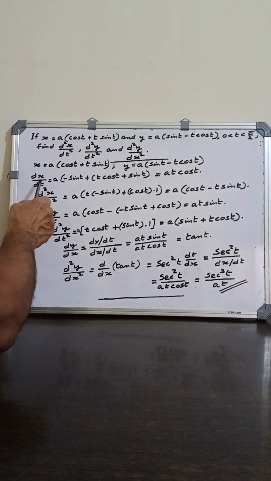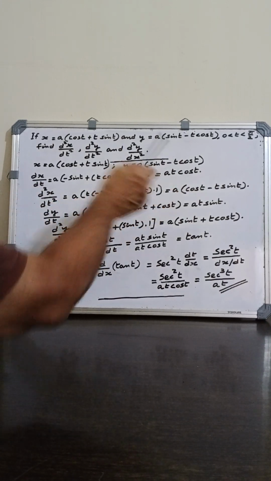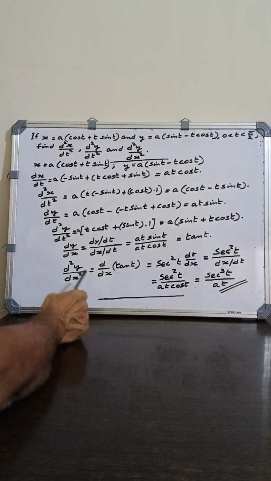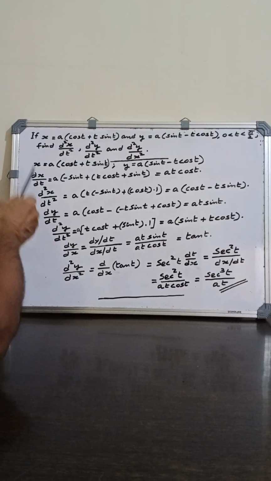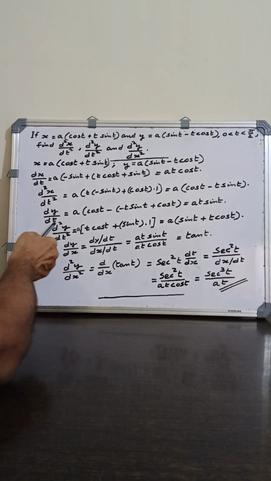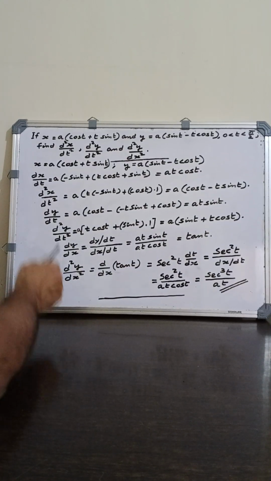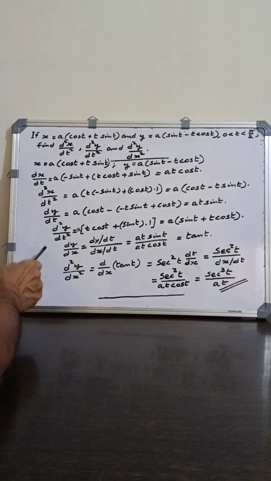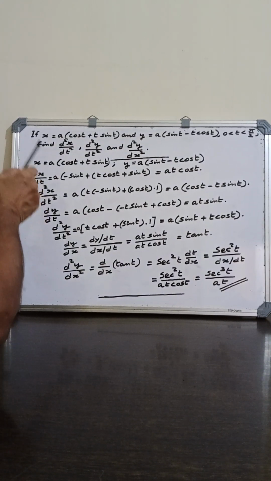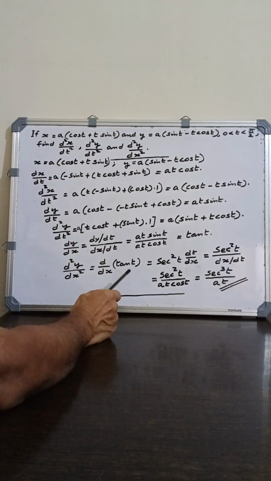dx by dt is defined as a t cos t. Therefore, dy by dt is defined as a t sin t. From this, dy by dx is dy by dt into dt by dx.